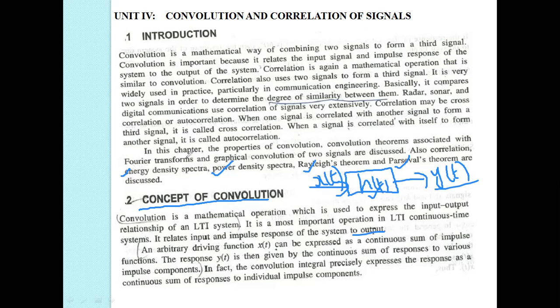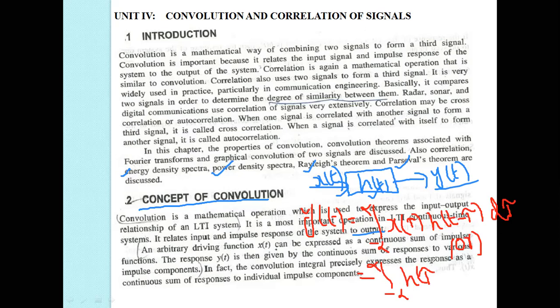So what is the formula here? y of t is equal to, when it is continuous, we can represent it in the integral, integral from minus infinity to infinity, x of tau h of t minus tau d tau, or it can also be expressed as integral from minus infinity to infinity h of tau x of t minus tau d tau.